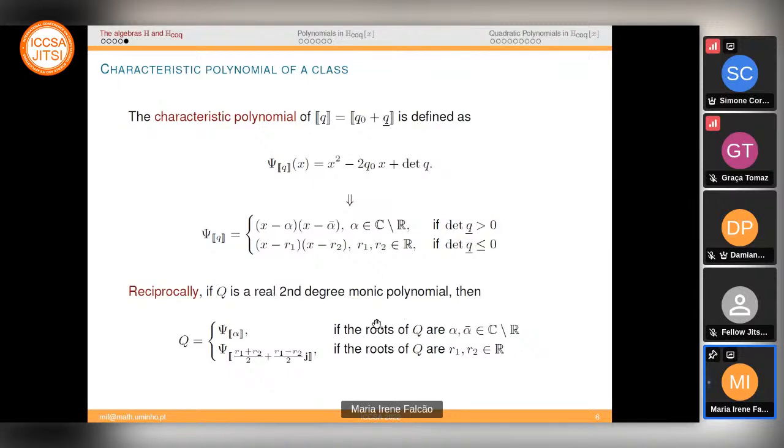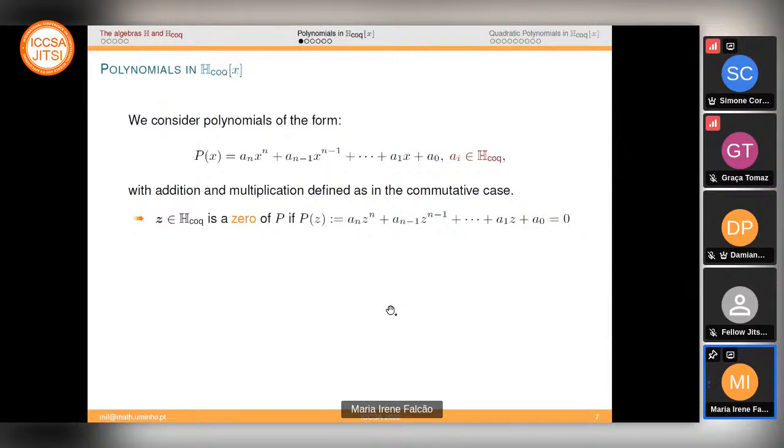It depends on the roots of Q. If they are conjugate, then it is the characteristic polynomial of this class here. And if the roots are real, it is the characteristic polynomial of this class.